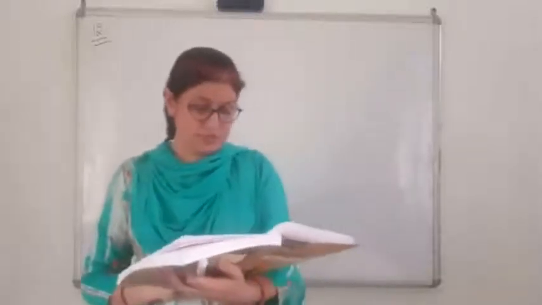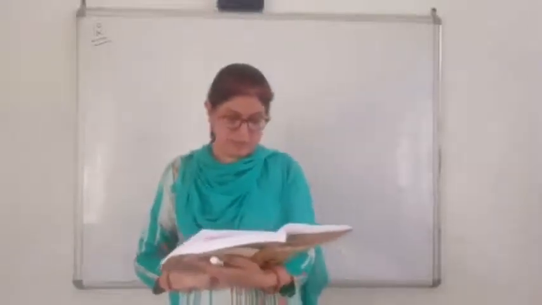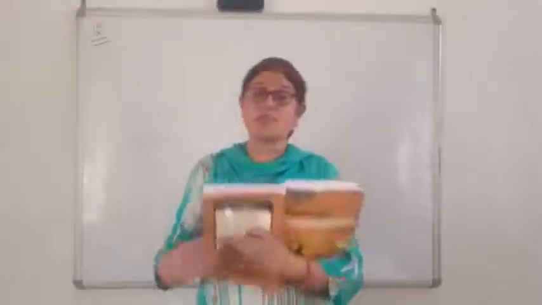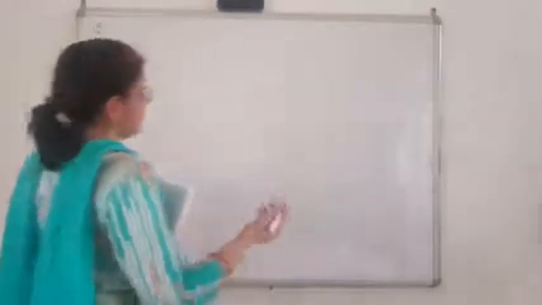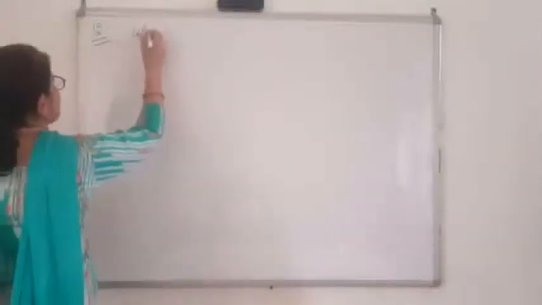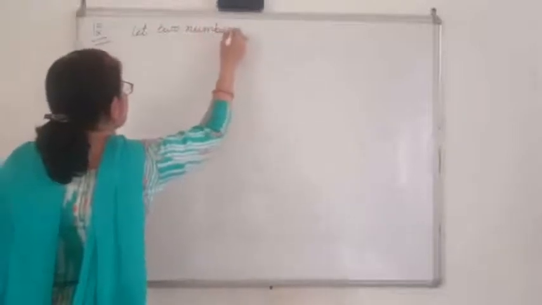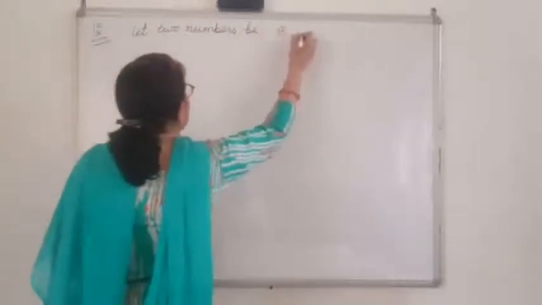Now question number 12. In this question, two numbers are given, whose sum is 7 and the sum of their cubes is 133. You have to find the sum of their squares. So we will take two numbers from our own side. You can suppose x, y, a, b, it's your choice. Let the two numbers be a and b.